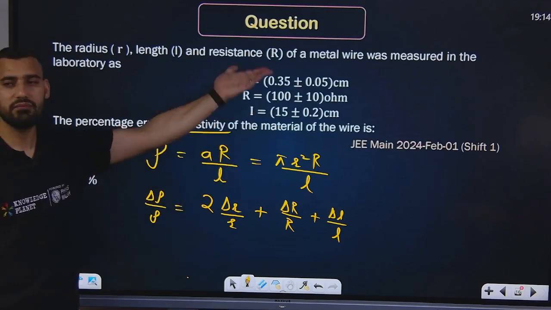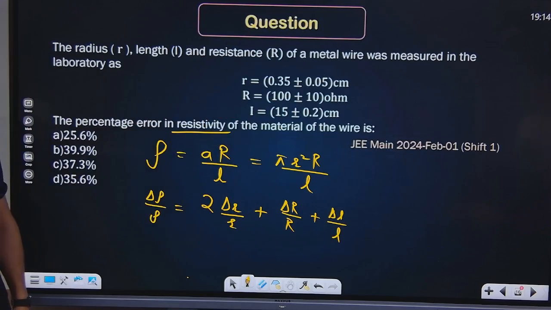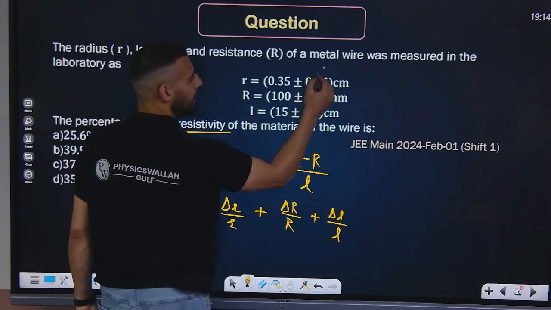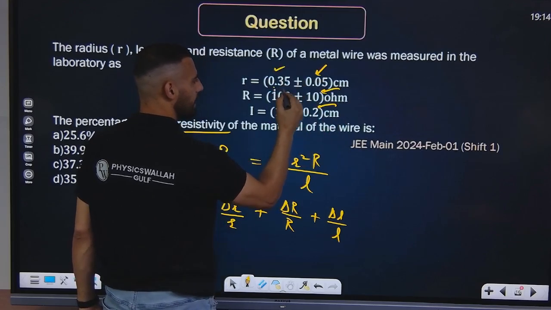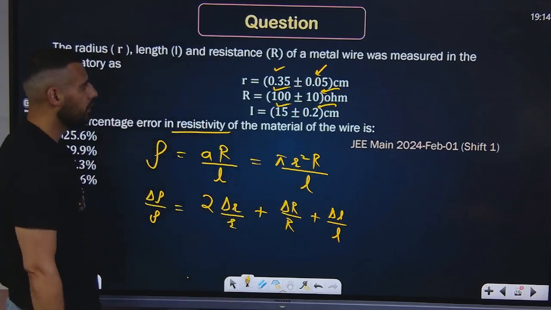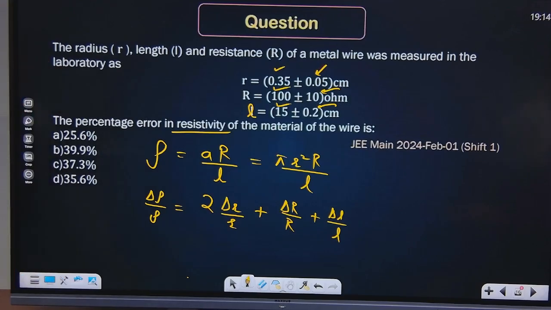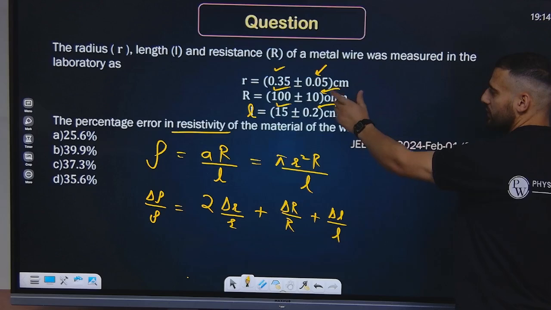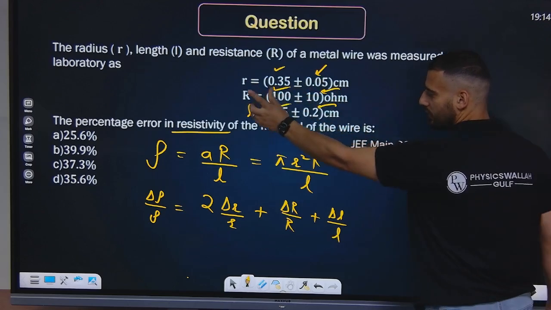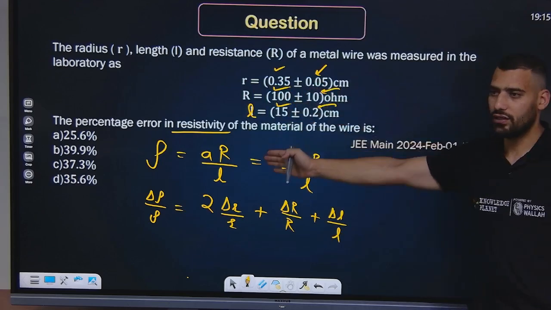This is your JEE May 2020. Just put in the values. See, delta small r, delta capital R, delta L. Plus or minus is the delta. 0.05 is delta small r, 10 is delta capital R, 0.2 is delta L, and all other values are the original values.